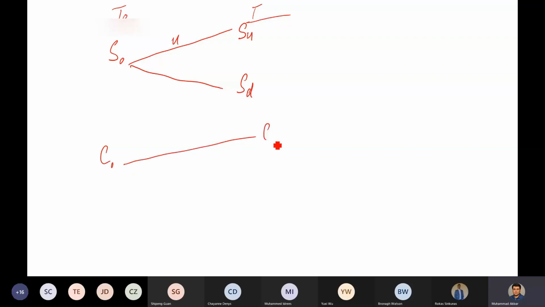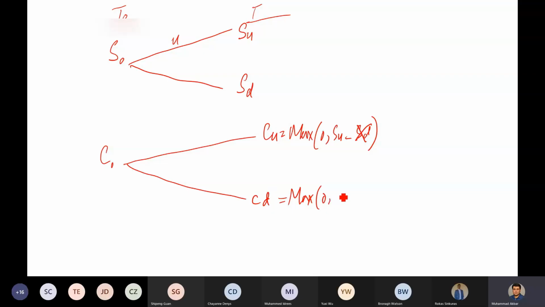We just learned that CU is equal to the maximum of 0 or SU minus X, and CD is equal to the maximum of 0 or SD minus X. This is the future value of the call if the stock price goes up, and this is the future value of the call if the stock price goes down.